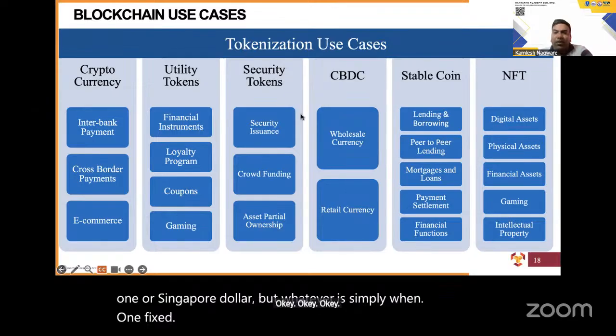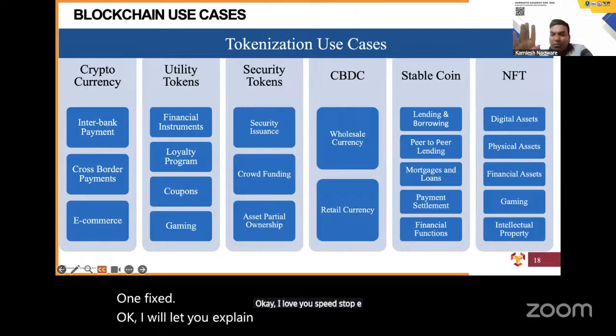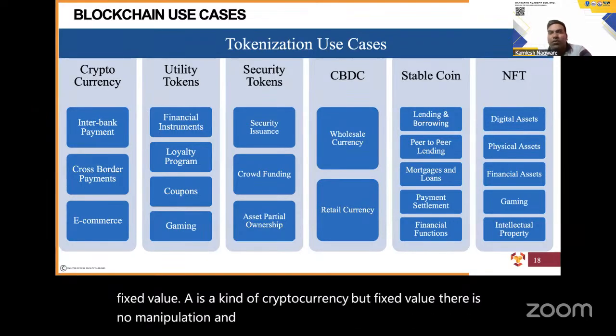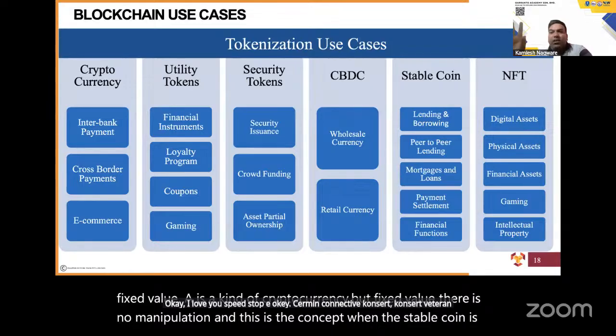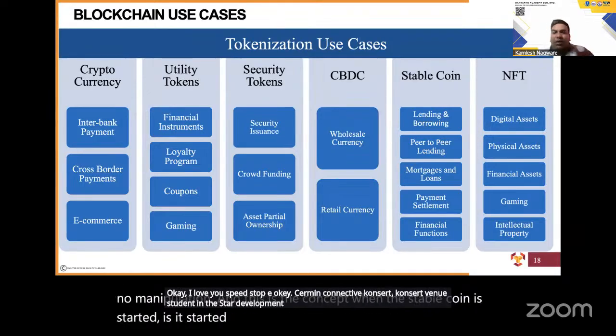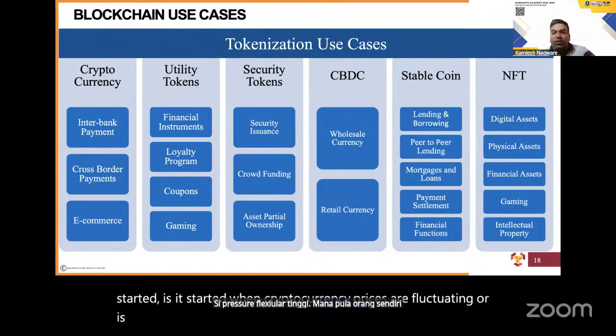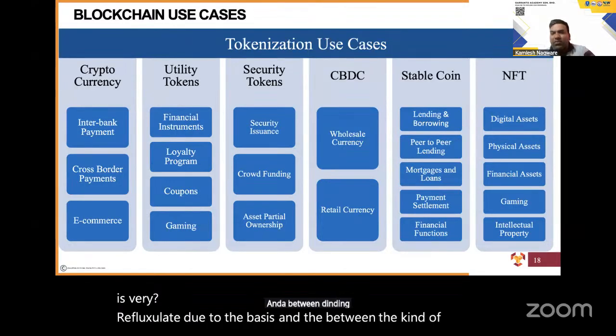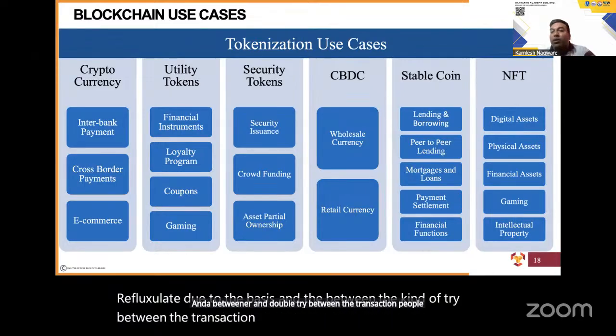I will explain. A stablecoin is a currency, but with a fixed value. It is a kind of cryptocurrency, but with fixed value, and there is no manipulation. This is the concept from when stablecoin started. It started when cryptocurrency prices were fluctuating, manipulated, or very volatile on a day to day basis, and between transactions people trust stable currencies.